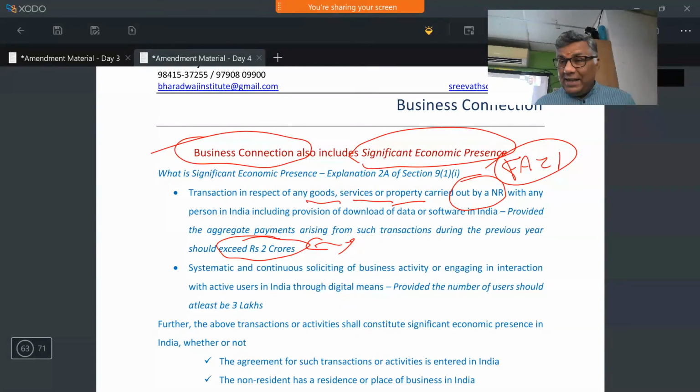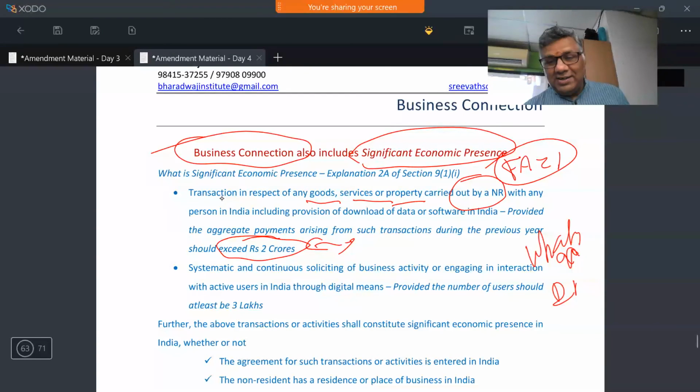And next is exclusively for WhatsApp, Insta, all these things. They have all started their PE in India now, but I'm telling you, systematic and continuous soliciting, repeated, of business activity, or engaging in interaction with active users through digital means.